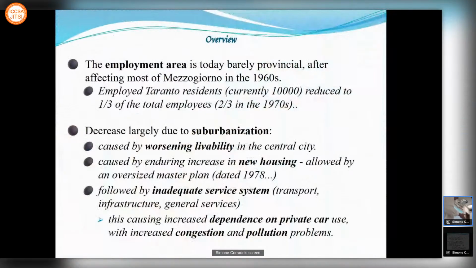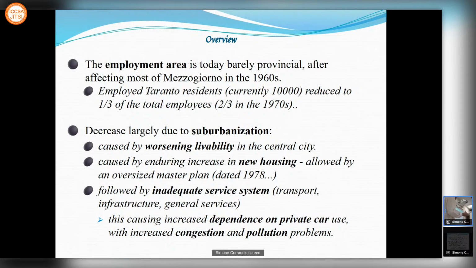The employment now has decreased very much. But the envisioning of new jobs boosted a very expansive plan in the past. So housing is still increasing, causing, for example, the abandonment of the city center and the problems of maintaining it.